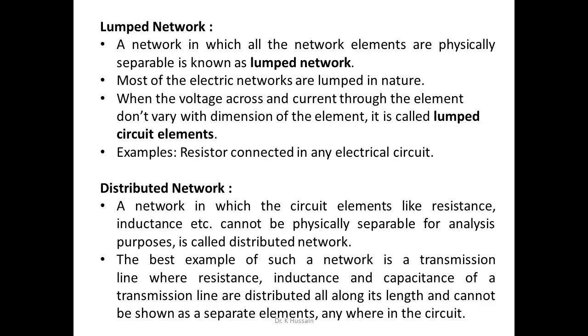Okay, how, we'll see. When the voltage across and current through the element do not vary with the dimensions of the element, then those elements are called lumped circuit elements. Example, resistors, capacitors, etc.